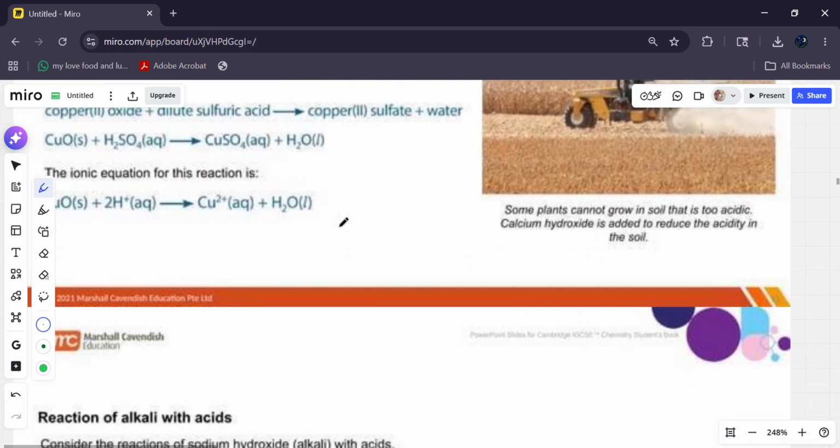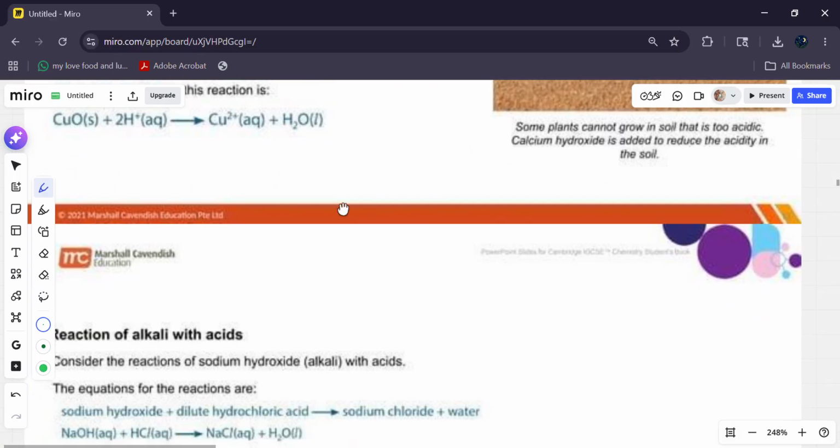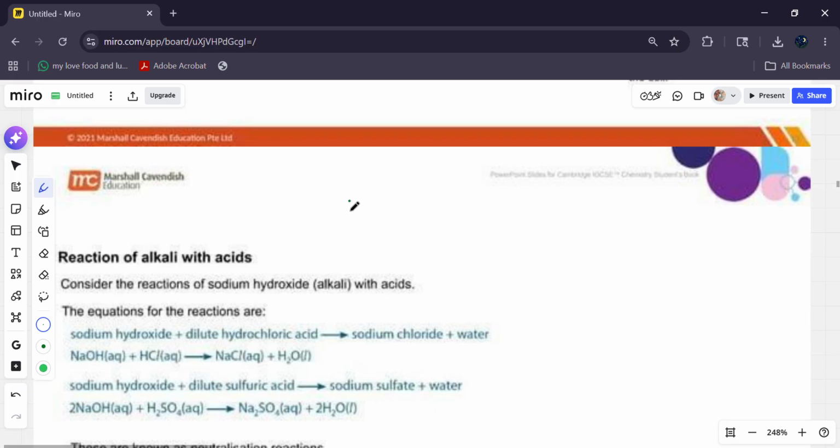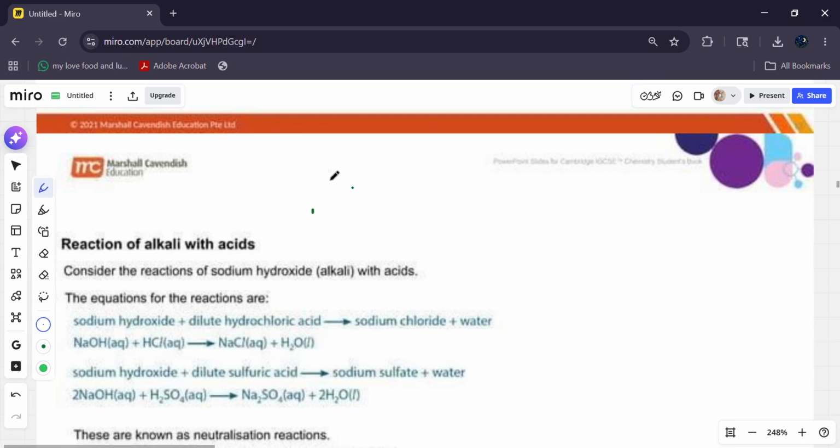So let's move on to the reactions of alkalis with acids. Now this was just base with acid. Alkali reacting with acid is also similar, as it will also produce salt and water.